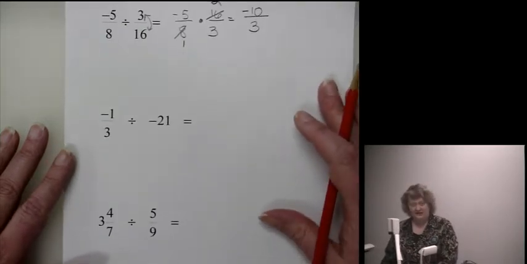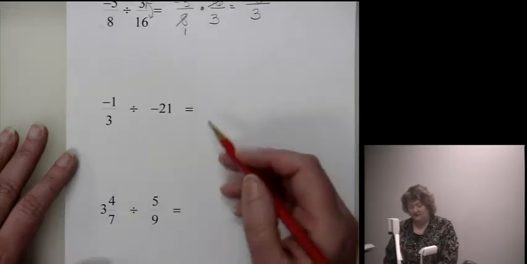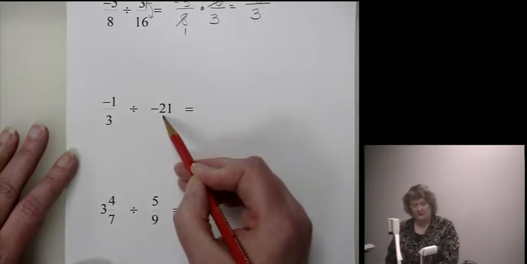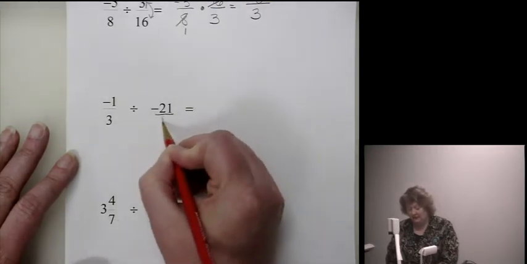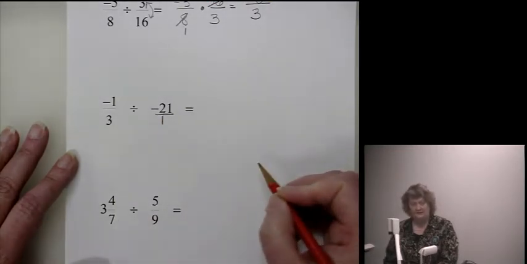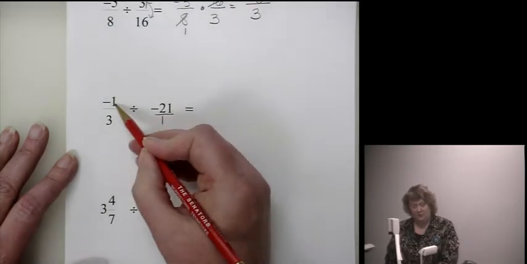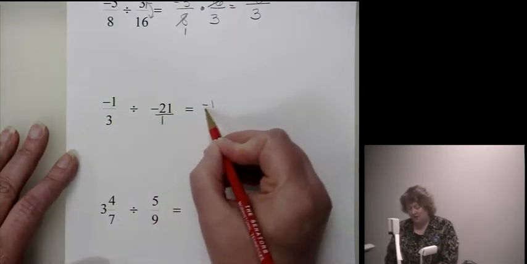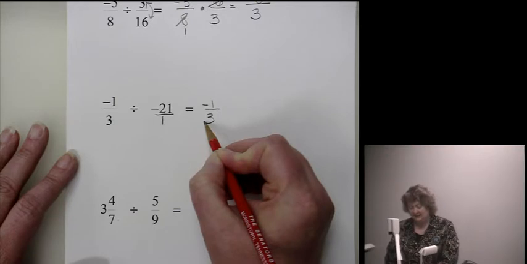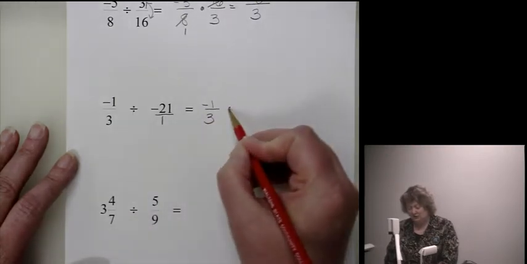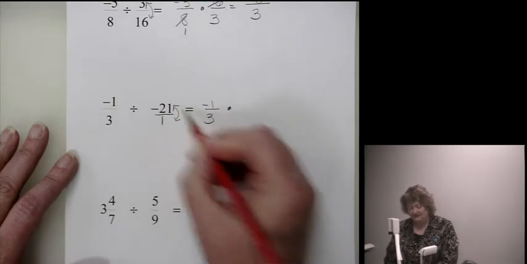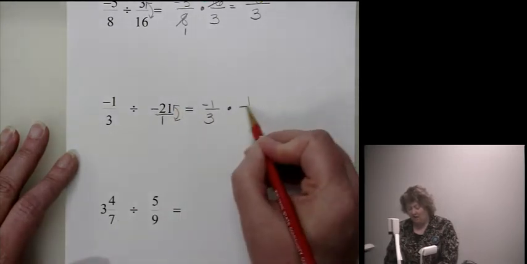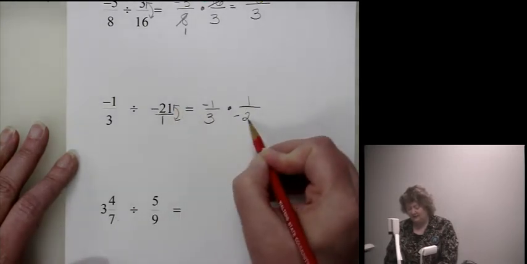Okay, let's look at the next example, negative 1/3 divided by negative 21. Notice this is a whole number. Whole numbers need to be written over 1 as we proceed. Then negative 1/3 is the first part. It's written like it is. The division is changed to multiplication, and we flip this fraction, 1 over negative 21.